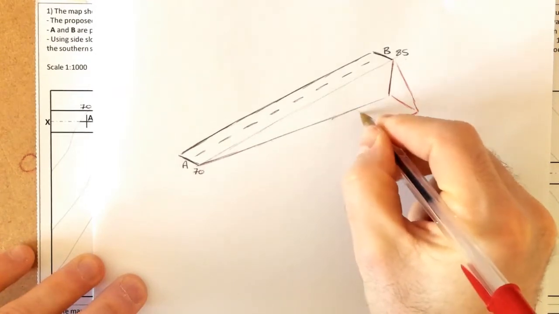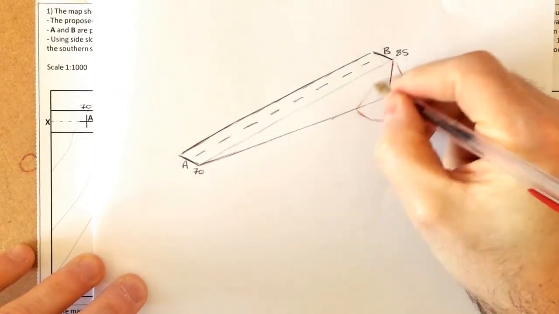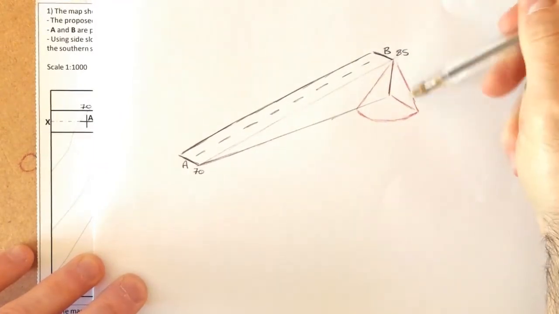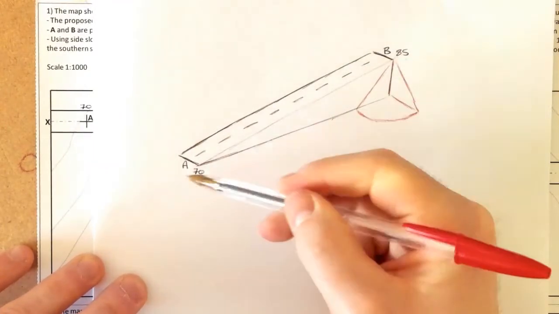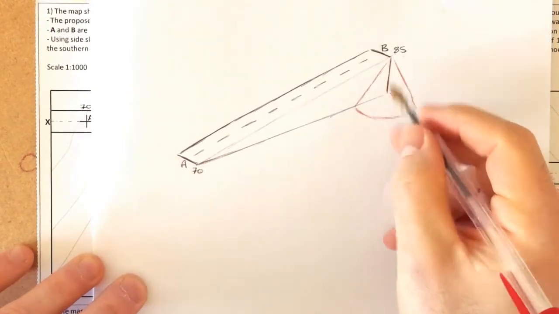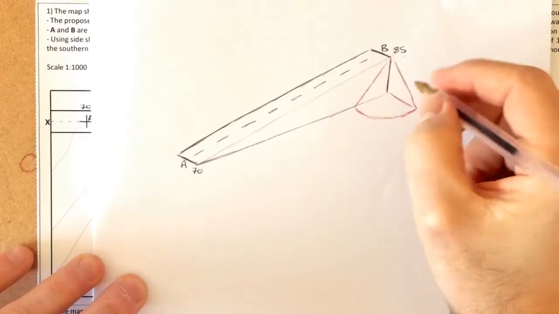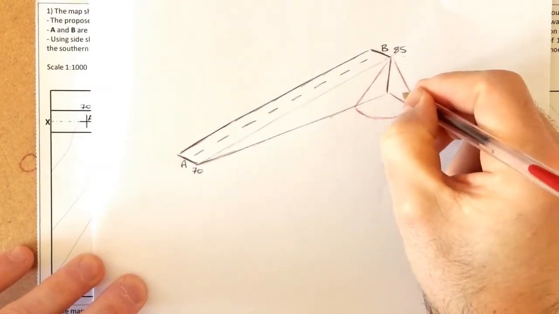You can imagine that was a portion of a cone like that. Essentially that cone is going to represent the height difference from A to B, and we know the height difference from 70 to 85 is 15. So we're going to set out a 15 millimeter radius cone.